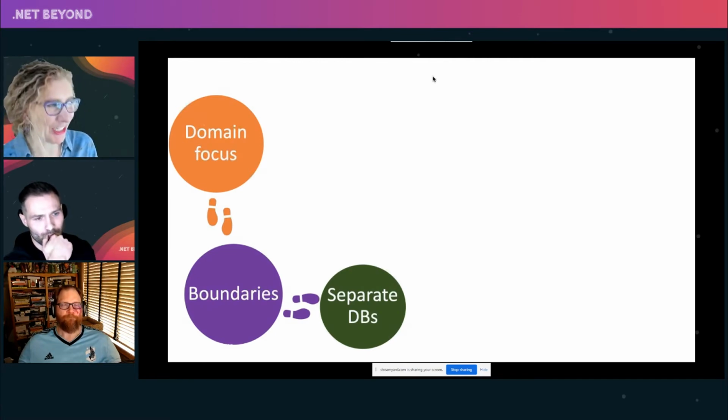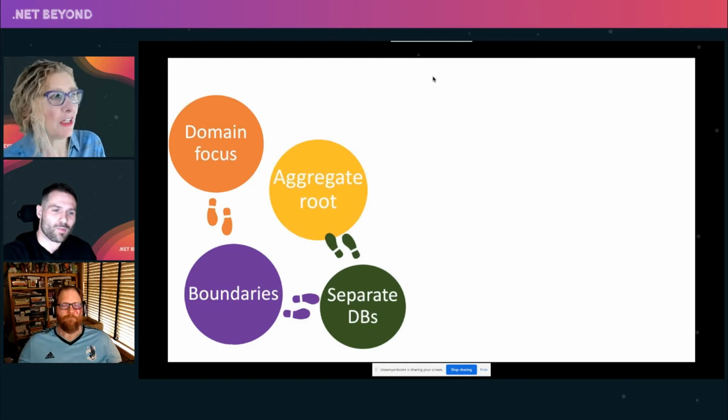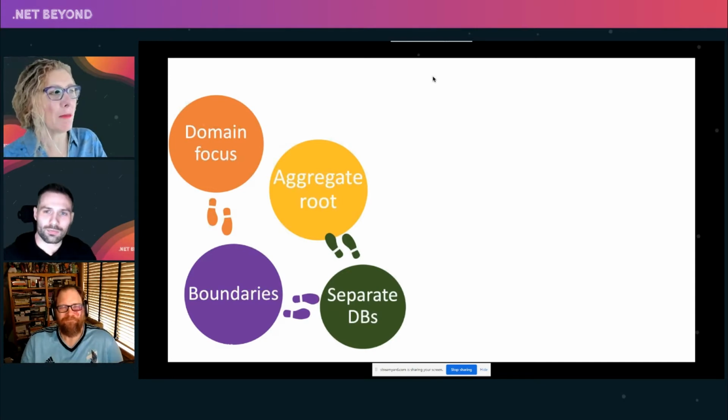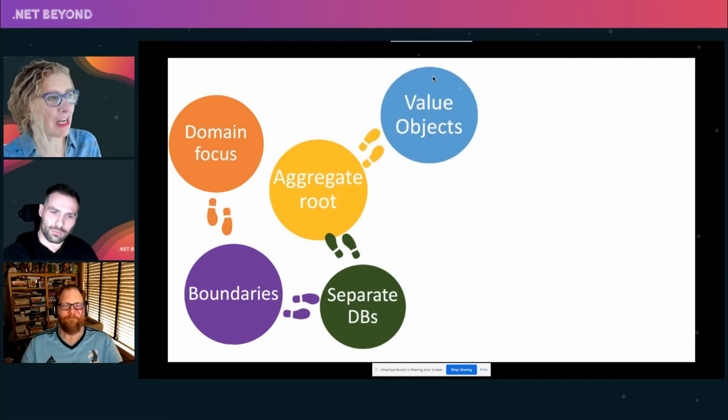Aggregate root, so now we're getting into the implementation, the tactical side of domain-driven design, was a little hard, and I would love to teach what every single one of these means. But my point here is that these are pieces of the mind map, and kind of how I got there, right?